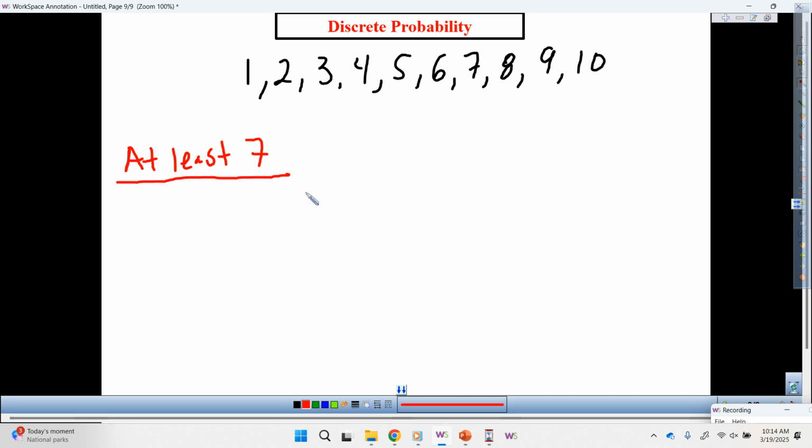All right, let's see. Santi, pass them one. Who? Mel. At least 7 means what? What is it? I can't hear. 7 and what? At least 7.